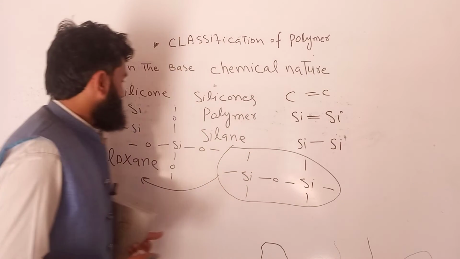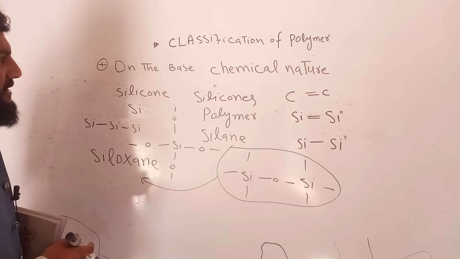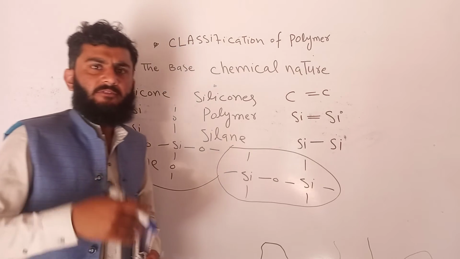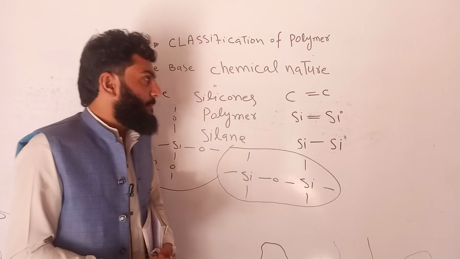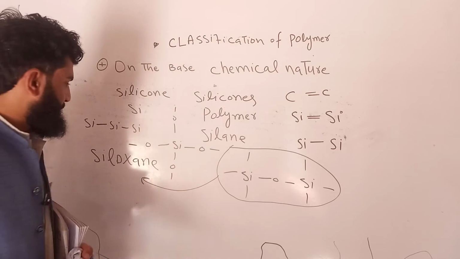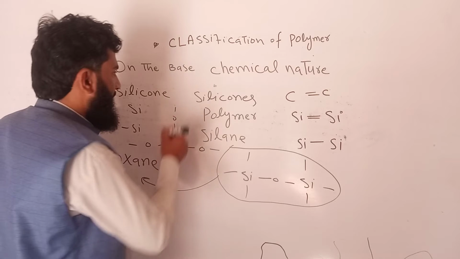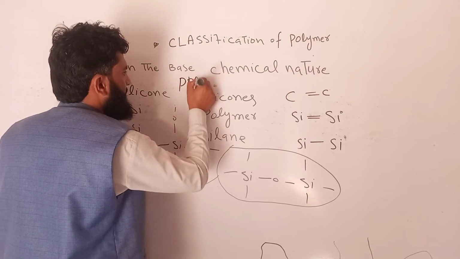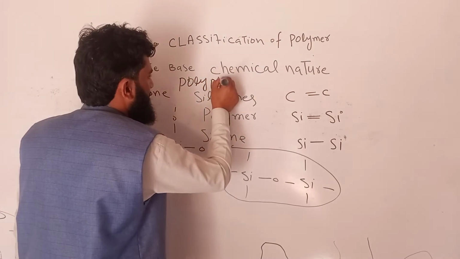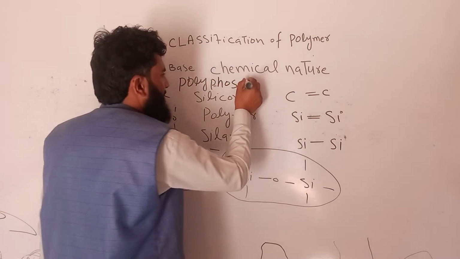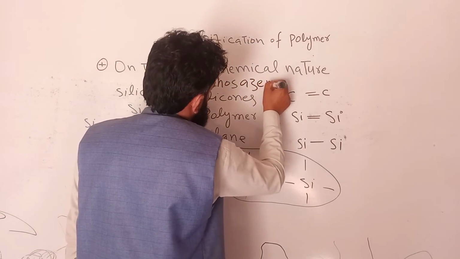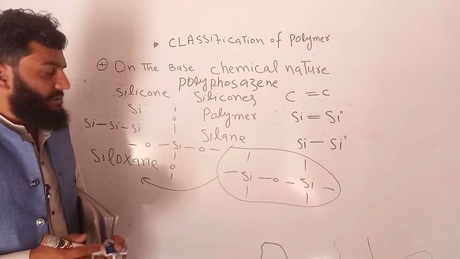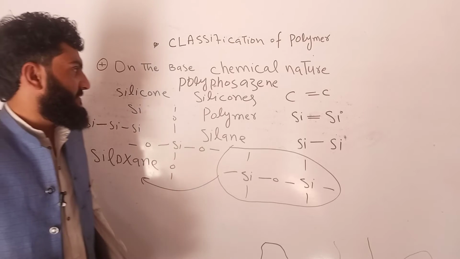Another example of an inorganic polymer is polyphosphazene.